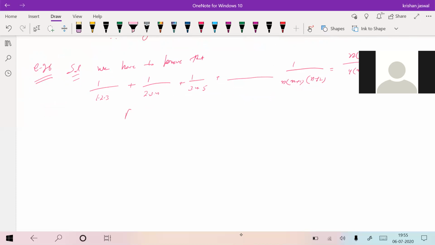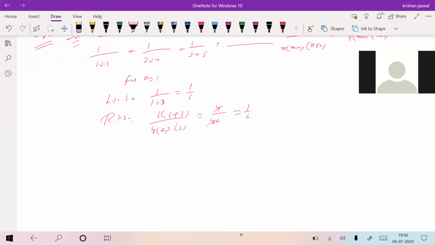Now for n is equal to 1, left hand side: first term 1 into 2 into 3, 1 over 6. And right hand side: 1 into 1 plus 3 is 4, over 4 into 1 plus 1, into 1 plus 2, that is 4 over 4 into 6, 4 divided by 4, 1 over 6.